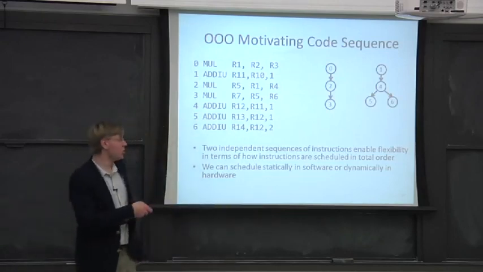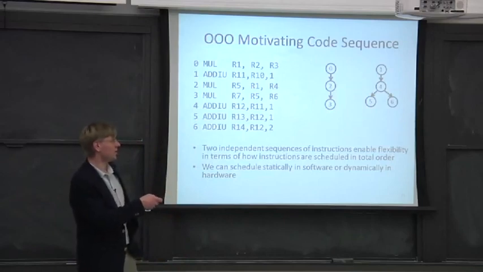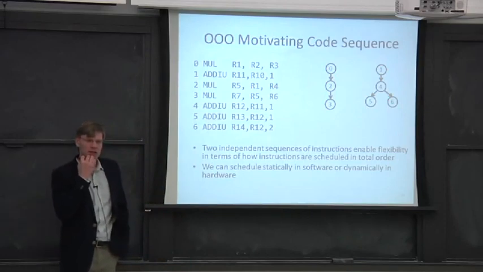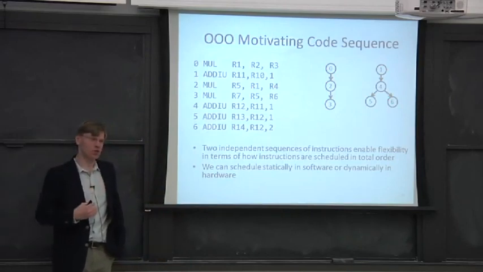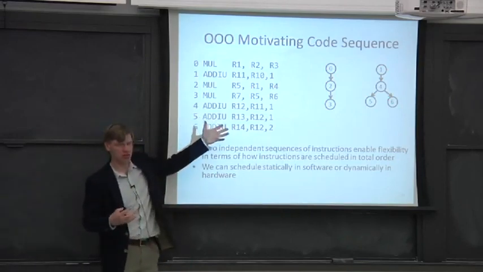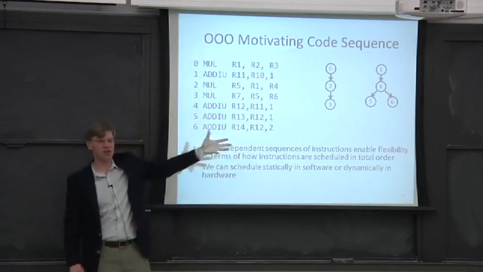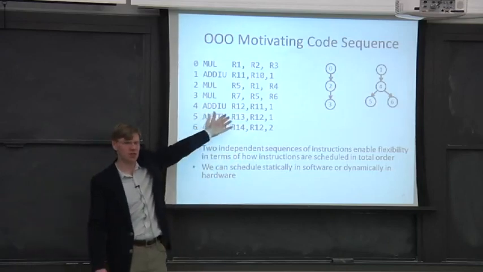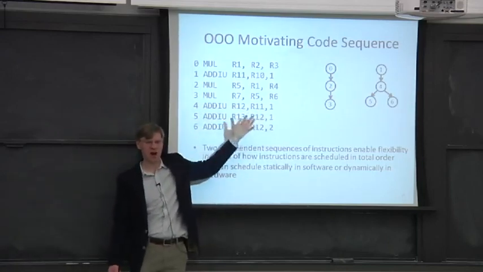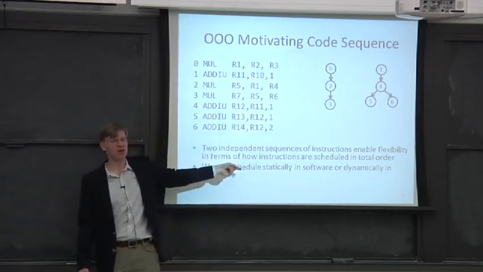So there is no way to express that this and this can execute at the same time in a sequential machine, unless you do something like this. Like this is expressing the parallelism, but it's hard. The hardware has to go and figure out where that parallelism is now.